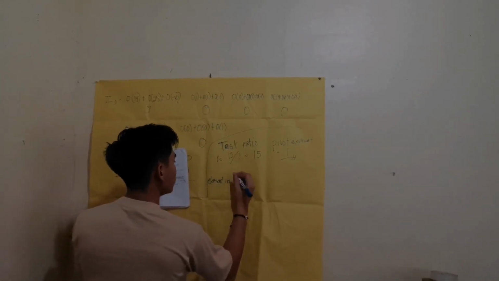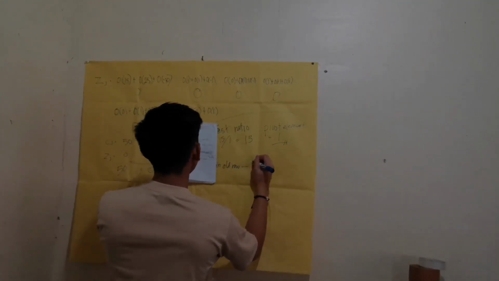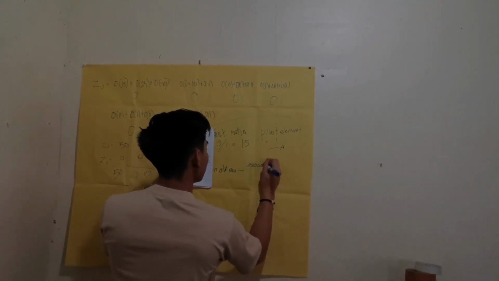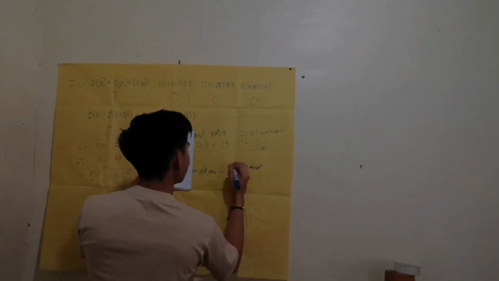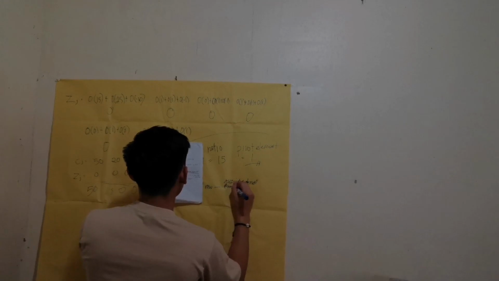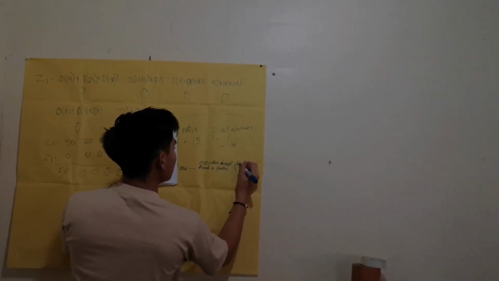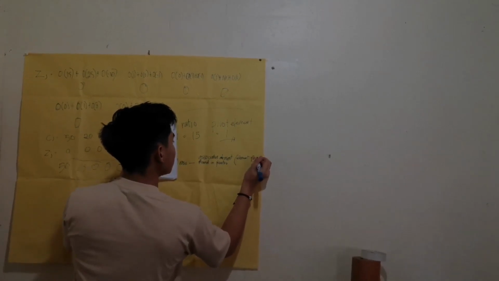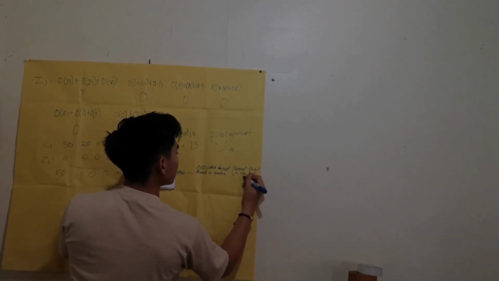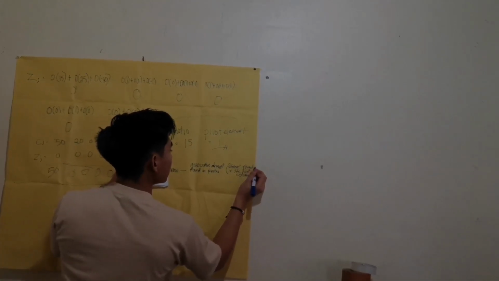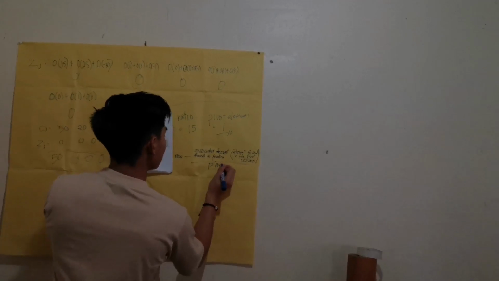Element in old row minus yung associated element found in pivot row times element found in the pivot column, all over pivot element.